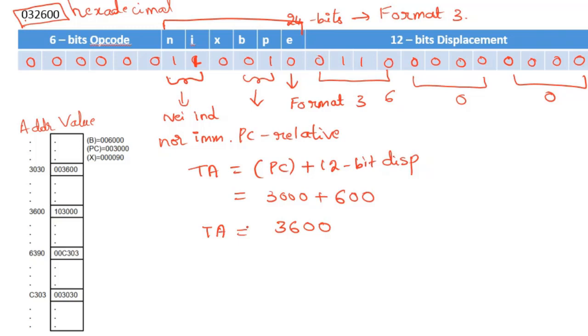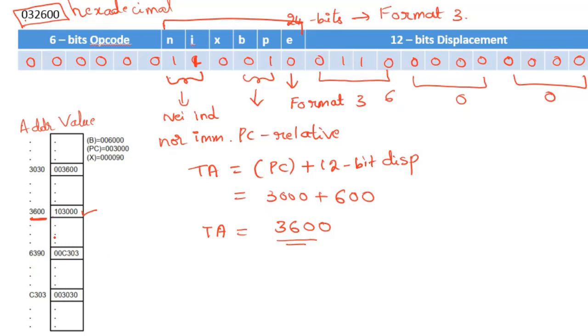So where can I find the operand for this instruction? I can find the operand at the address 3600. Do I have the address 3600? Yes, it is right here. What is the value present in 3600? It is 103000. This is the value at the address that we have computed.